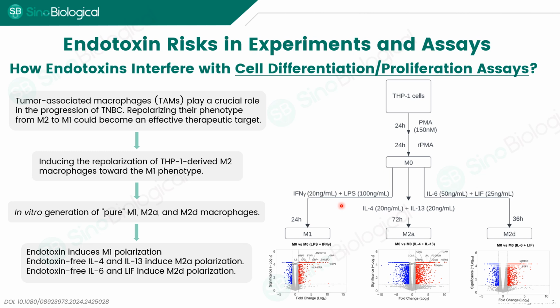They also used interleukin-4 and interleukin-13 without endotoxin to induce M0 to M2A. In addition, they used interleukin-6 and LIF without endotoxin to induce M0 to M2D macrophages.